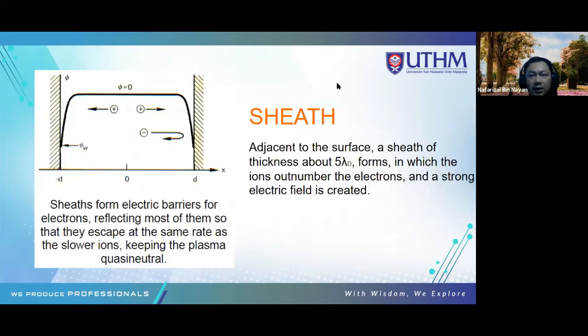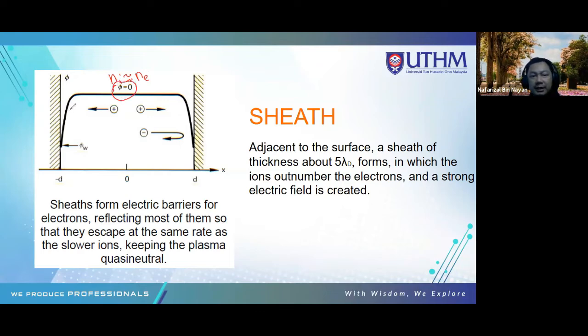Okay, so when you have quasi-neutrality inside the plasma, we can say that the potential inside the plasma is equal to 0. Because Ni is almost equal to Ne, there is no potential, meaning the potential V is 0.